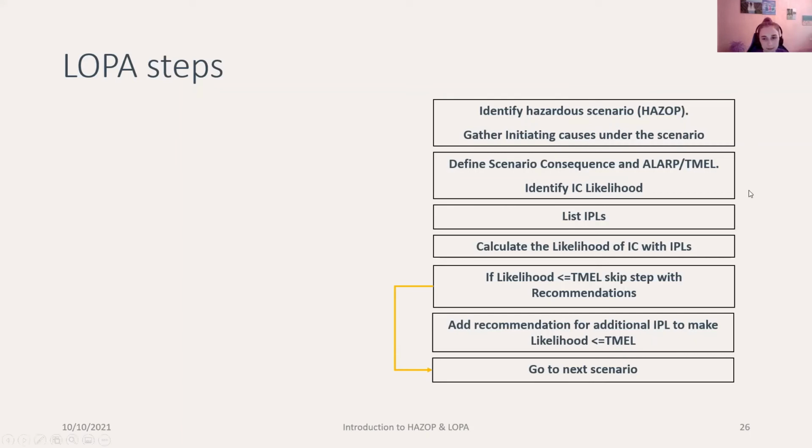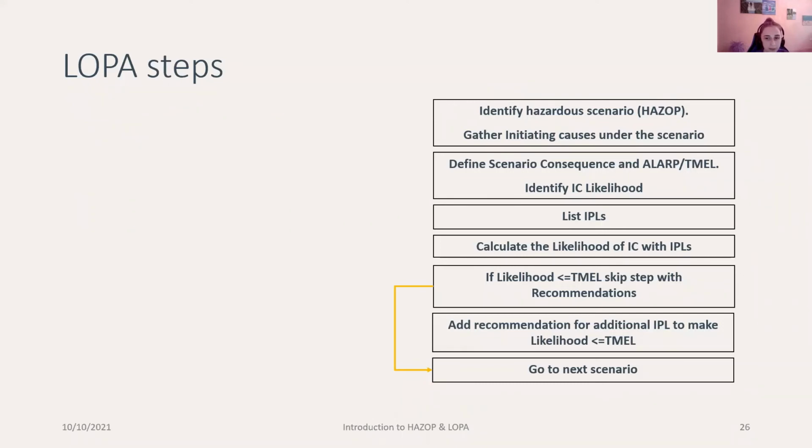After identifying the likelihood of the initiating cause, you start assessing IPLs. If previously a few safeguards were captured in HAZOP, you can carry them on to LOPA and then assess whether they are separate IPLs or not.